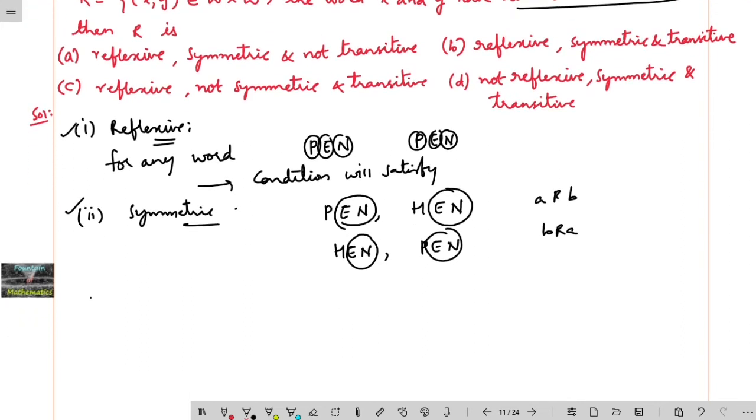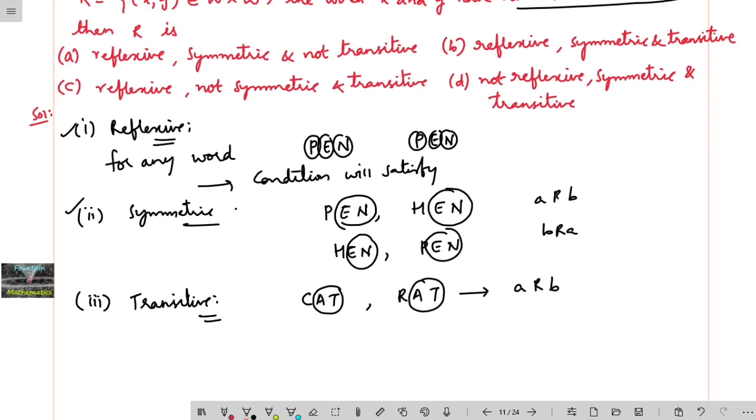And coming to the transitive, suppose I take one word CAT and another word RAT. A is related to B. CAT and RAT, two letters are in common, AT is common, so these both are related.